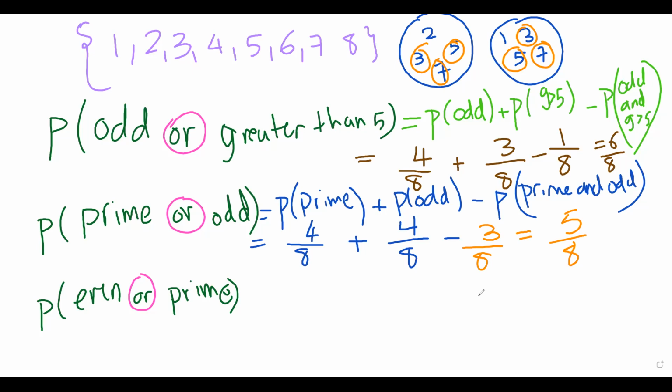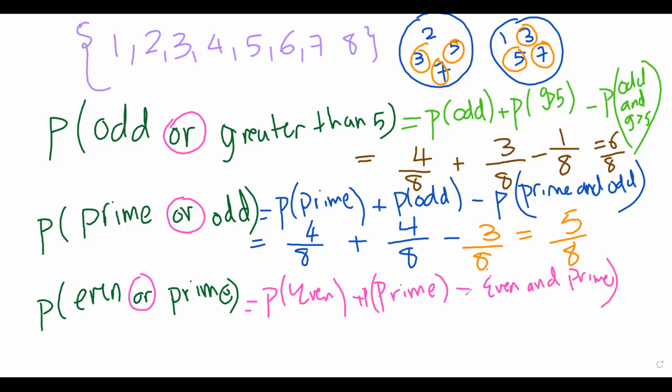Now the last one. What is the probability that it is even or prime? Probability of even plus the probability of prime minus even and prime. How many numbers are even now? We have 2, 4, 6, and 8.